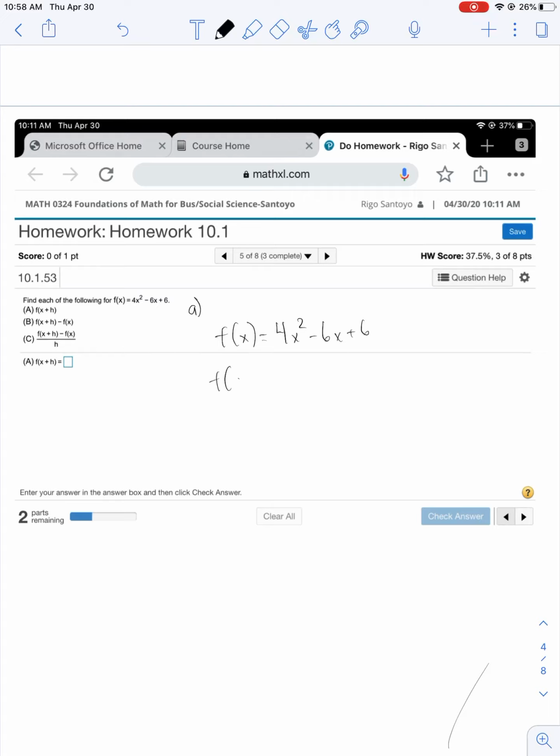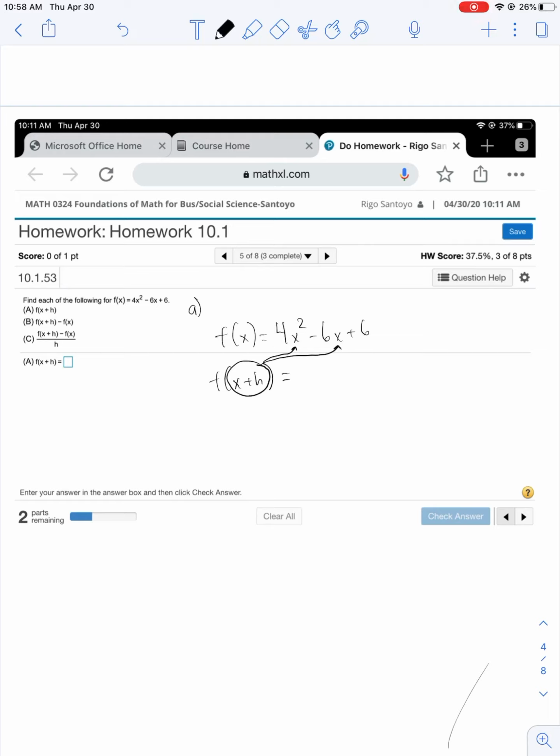We want to find f of x plus h. All we're doing here is putting this in for each x. That's all we're going to do.